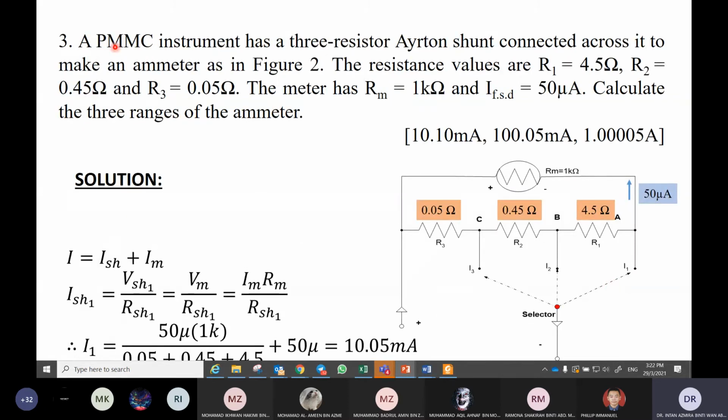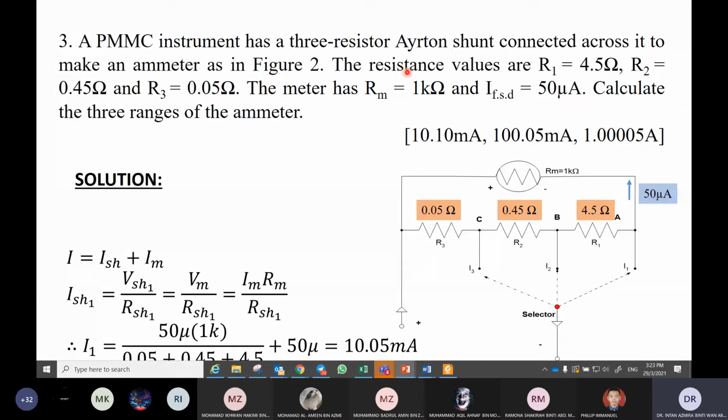This is the Ayrton shunt. A PMMC instrument has a 3-resistor Ayrton shunt connected across it to make an ammeter as in figure 2. The resistance values are R1, R2, R3. In your tutorial, R1 is equal to 0.05, R2 is the same, R3 is equal to 4.5 actually.